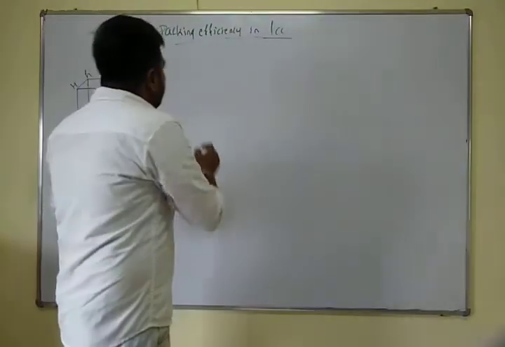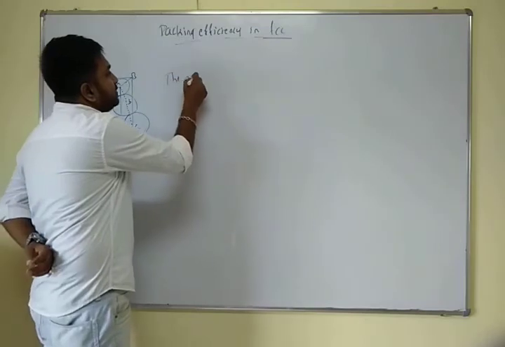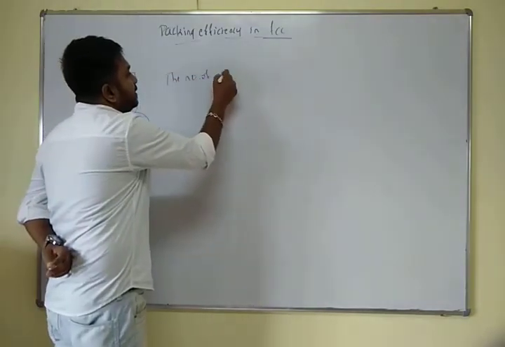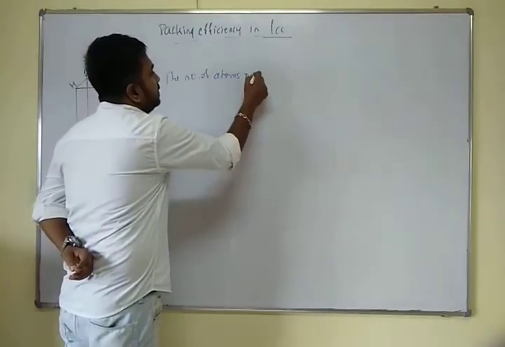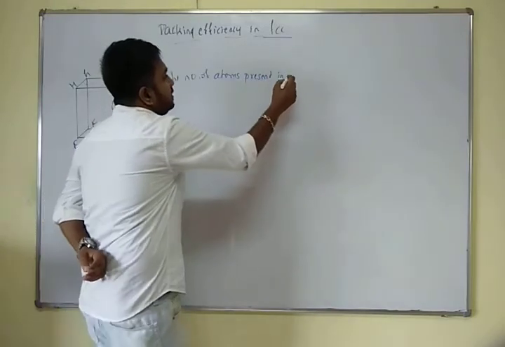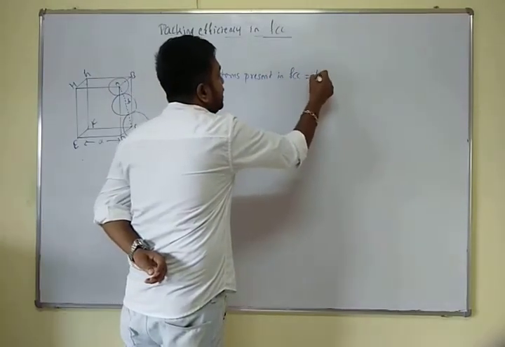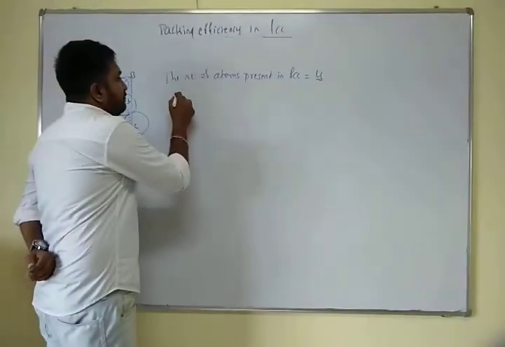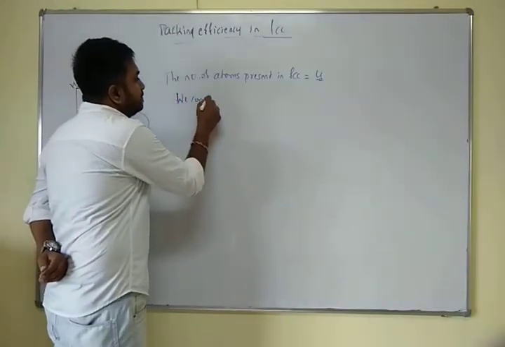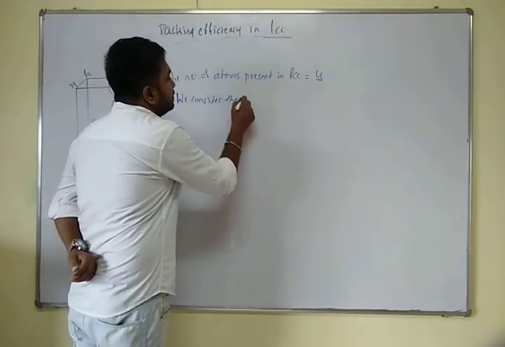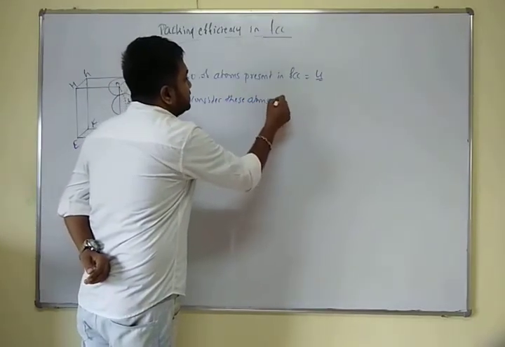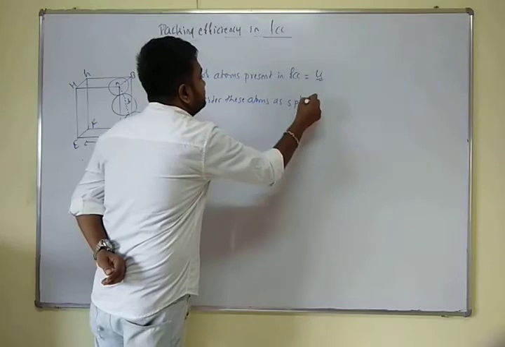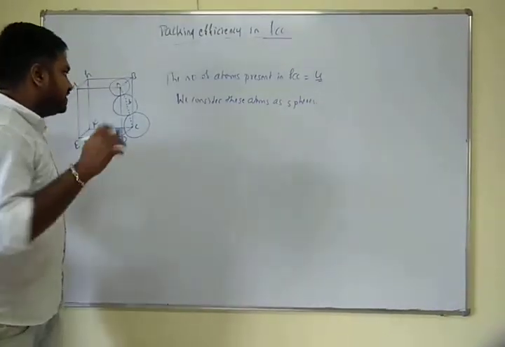Now the number of atoms present in an FCC unit cell is 4. We have calculated this, and we consider these atoms as spheres. Clear? So let us continue.